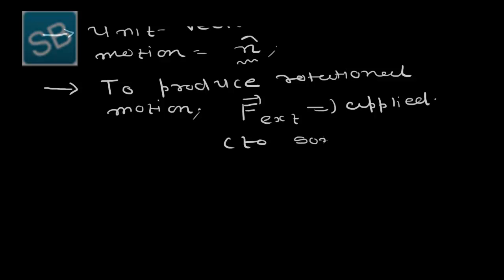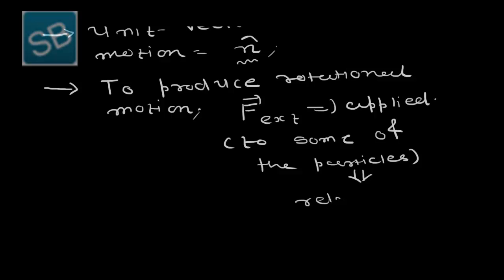So I am writing here the external force to be applied to some of the particles, because the particles are relatively moving to each other, or we can say the relative distance between these two particles of a rigid body is constant, and so the torque should be produced by applying the external force to some of or to any one particle only.